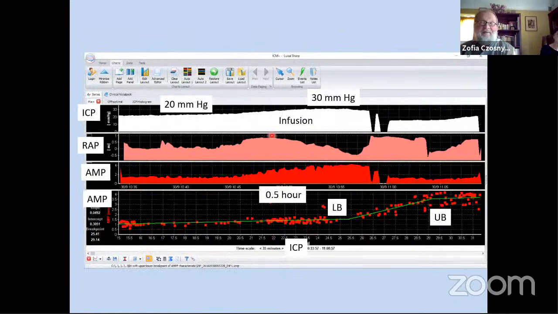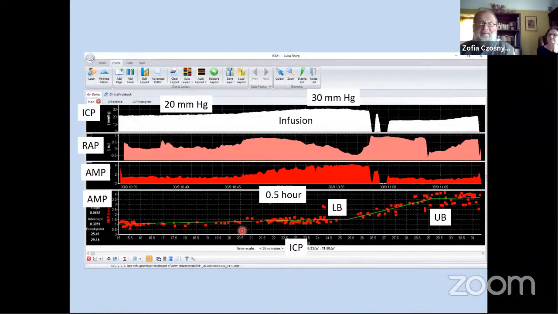Another infusion study, this time we started from 20 millimeter of mercury. So we had the opportunity to do infusion with a low rate, 1 mL per minute, to raise intracranial pressure to 30 millimeter of mercury. And then did the drainage of cerebrospinal fluid, which brought the ICP to 10 millimeter of mercury.